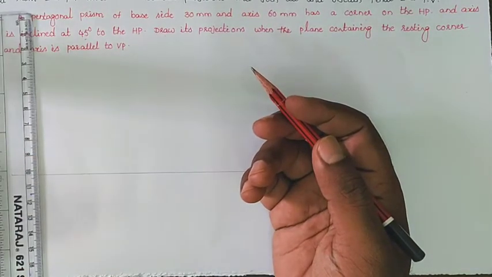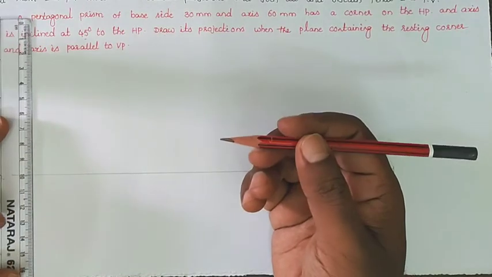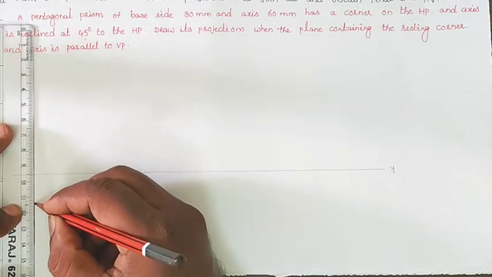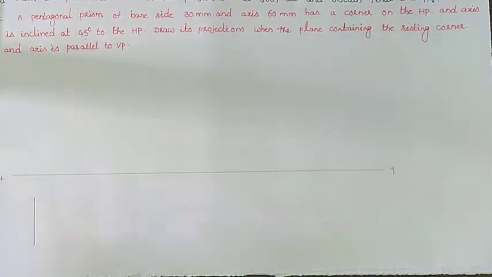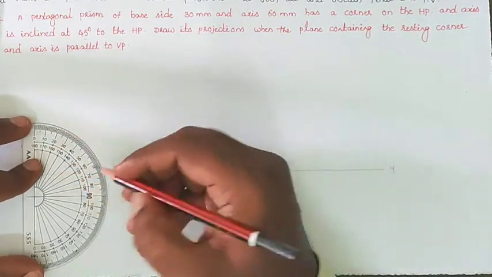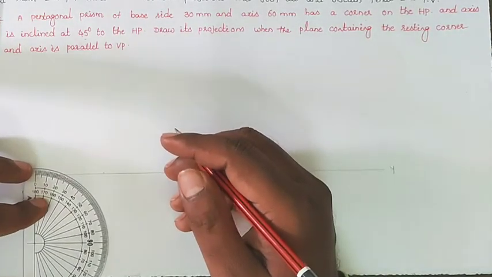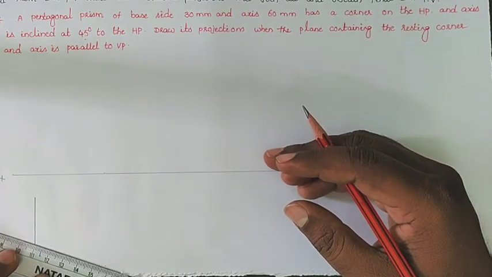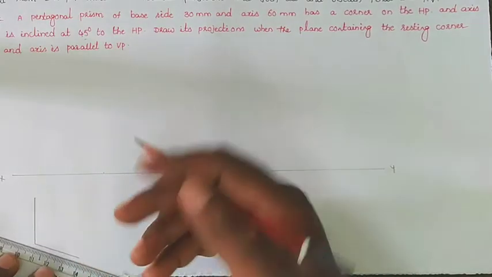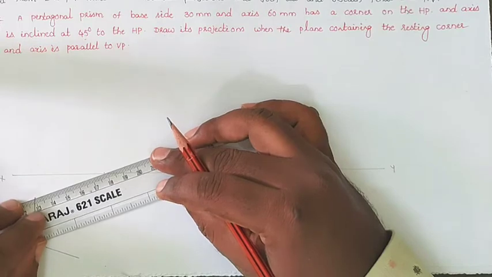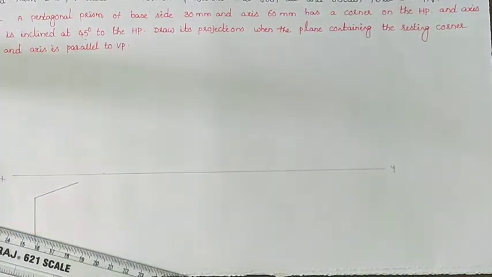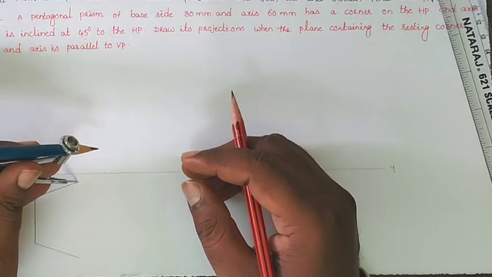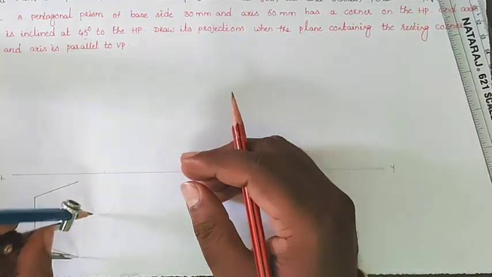I have already discussed how to draw the shape of the pentagon whenever a corner is given. Just draw a side with 30 mm. So this is the top view of our diagram.